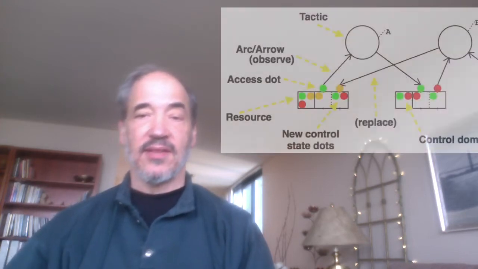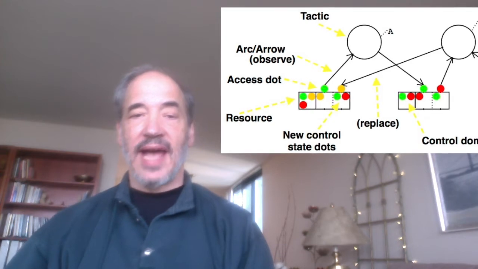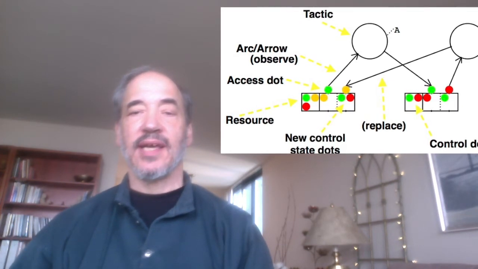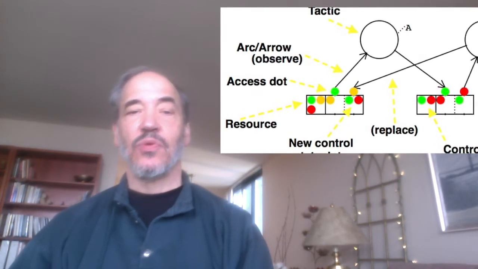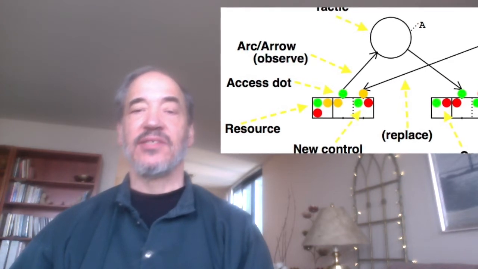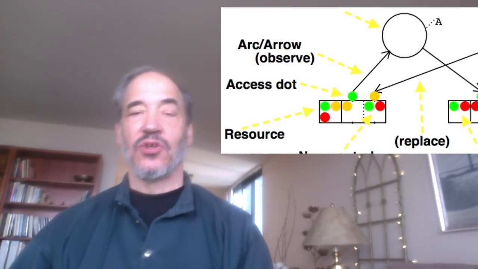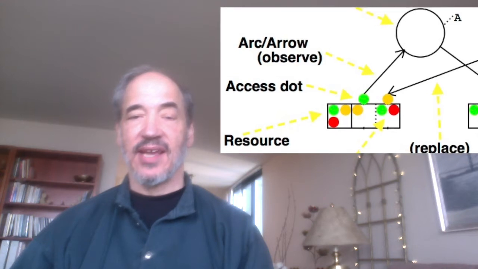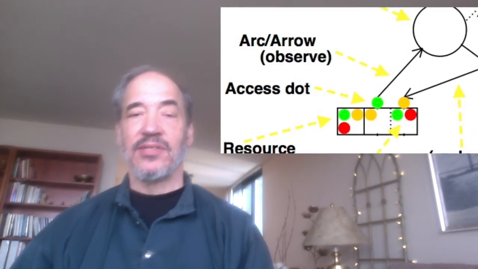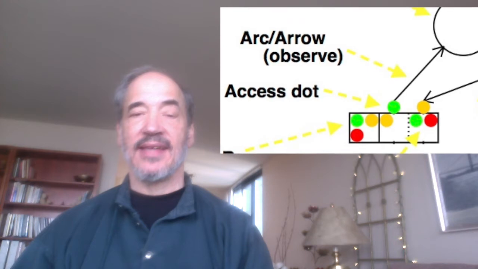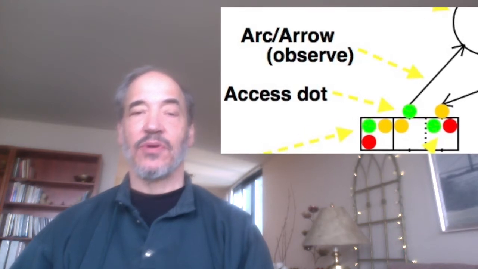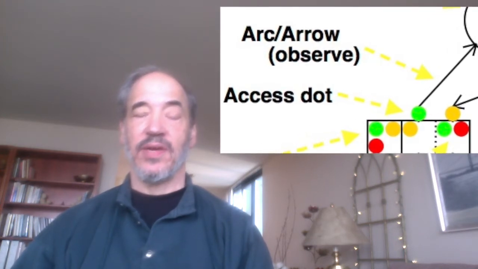Where an arrow connects to the resource in either direction, colored access dots show the control states which will allow access of that resource by that tactic. So if there's a green dot at the end of the arrow, it means that resource can only be accessed by that tactic if the resource has a green control state, a green token on it. As a result of the access, the control state may change.